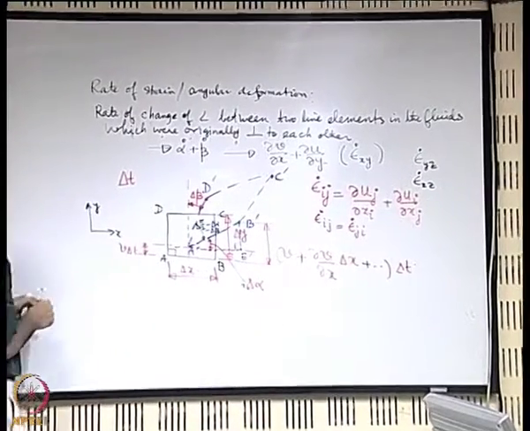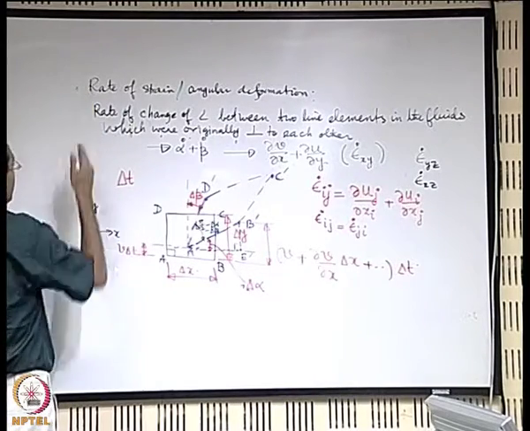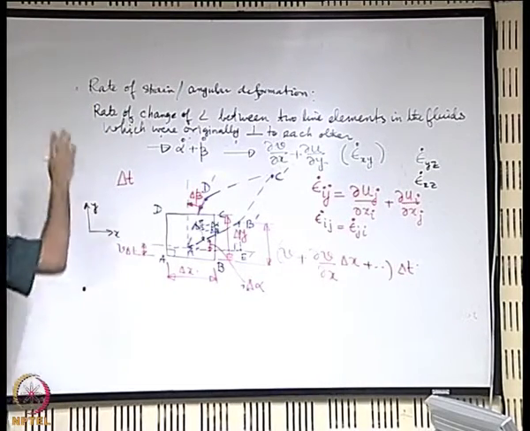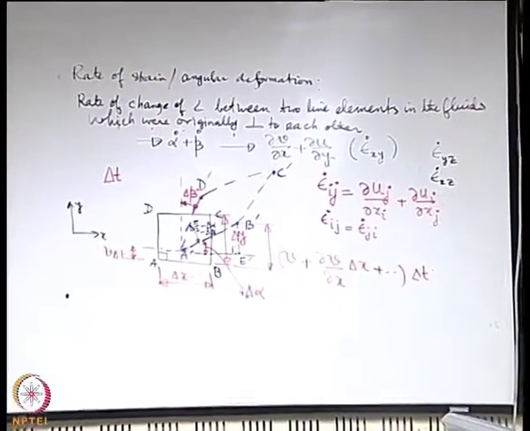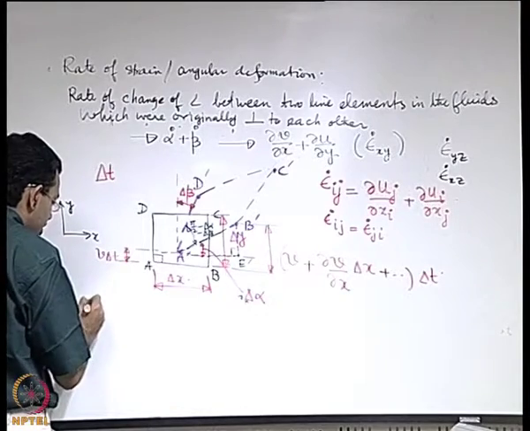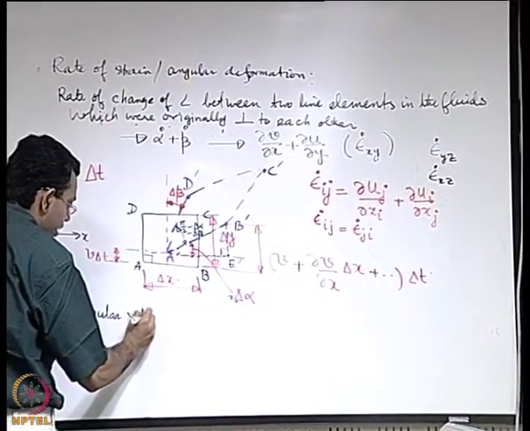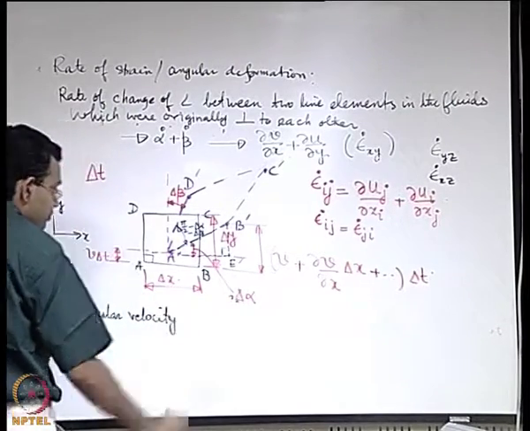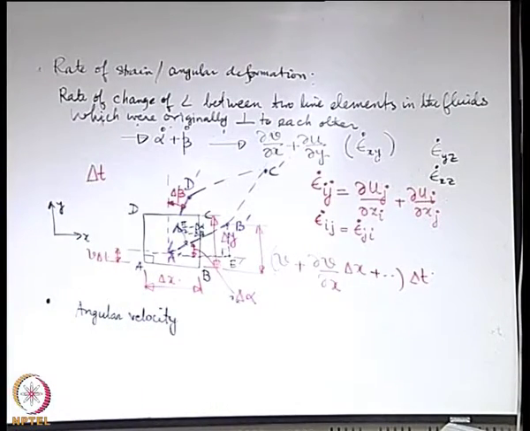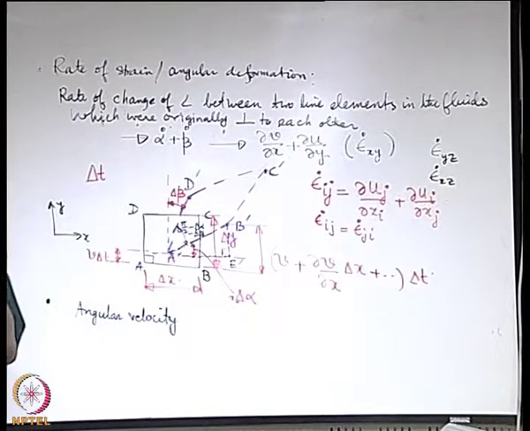Now, when you want to define the angular velocity of the fluid element, it is not such a straightforward picture as that of rate of strain or rate of angular deformation. Why is it not so straightforward? Let us try to see. Whenever you are thinking of angular velocity, we were discussing the rigid body motion, but that is a special case.